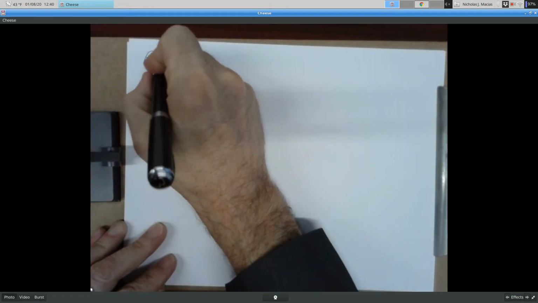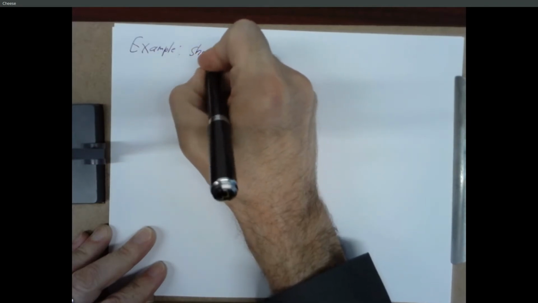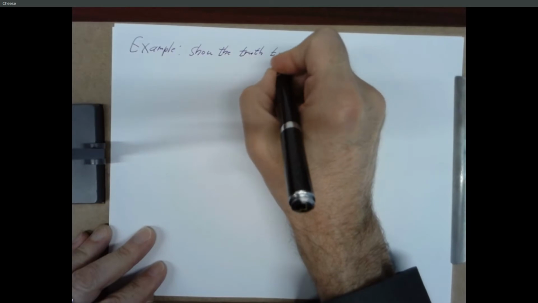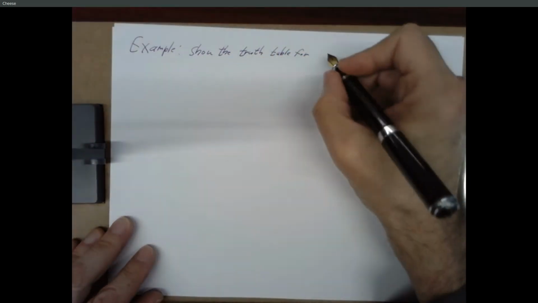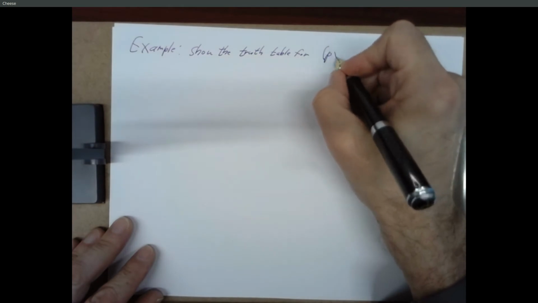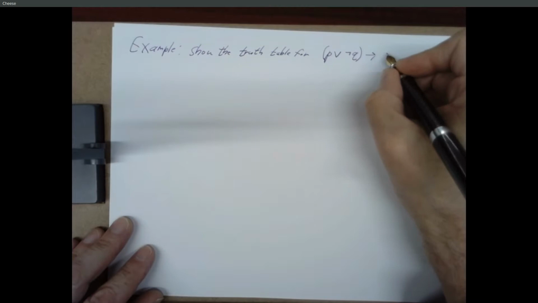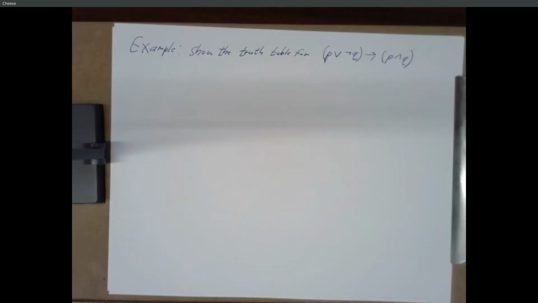Okay, so let's play with truth tables a little. So here's a proposition.